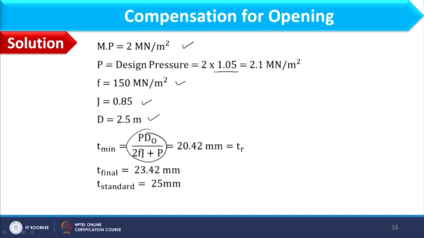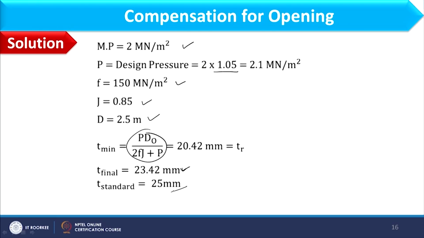So, considering this expression, we will calculate the minimum thickness of shell, and that comes out as 20.42. Adding corrosion allowance to this, we have thickness 23.42, and then we will refer to table B1 and we can choose 25 mm as a standard thickness. So, 25 mm is the standard thickness of shell, in which we have prepared an opening of 0.2 meter diameter.